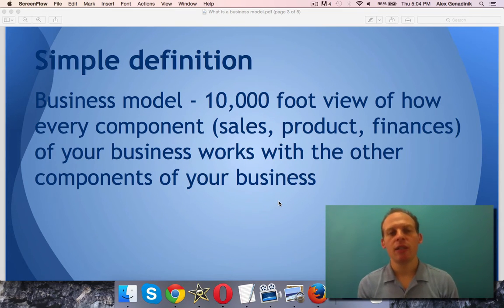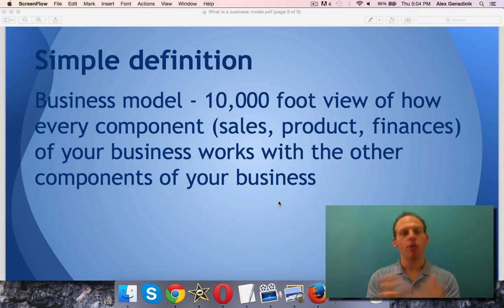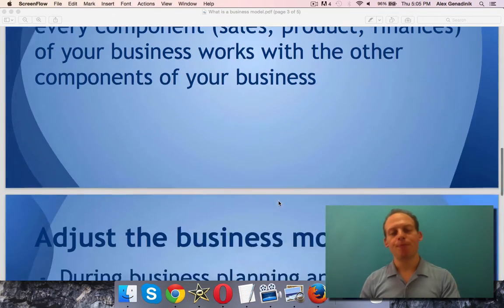The business model is a little bit like a living, breathing animal, and it's that entire inner working of the components of your business. That's your business model. And what you have to do is make sure that it functions well.